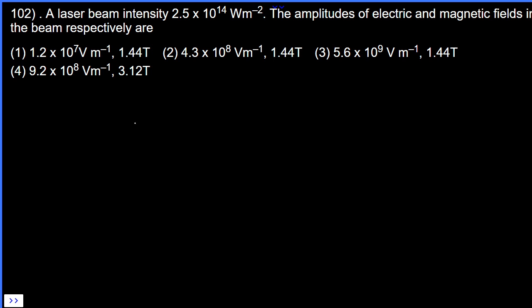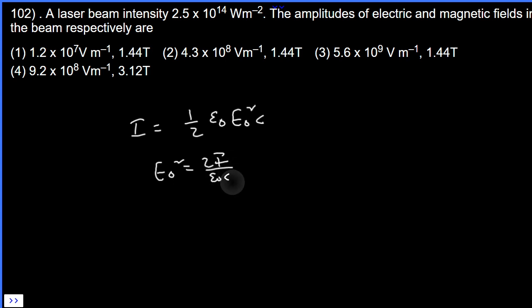So in the case of electromagnetic waves, intensity is equal to half epsilon naught E naught square C. From this we can get E naught square is equal to 2I by epsilon naught c, where E naught is equal to root over 2I by epsilon naught c.